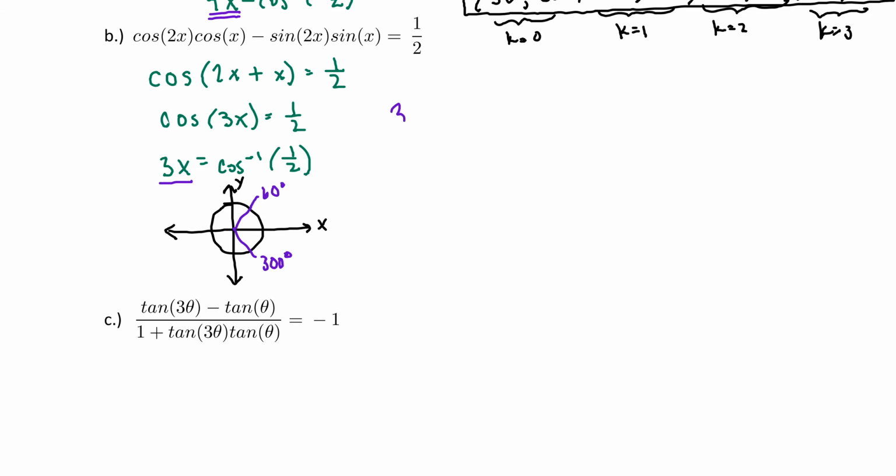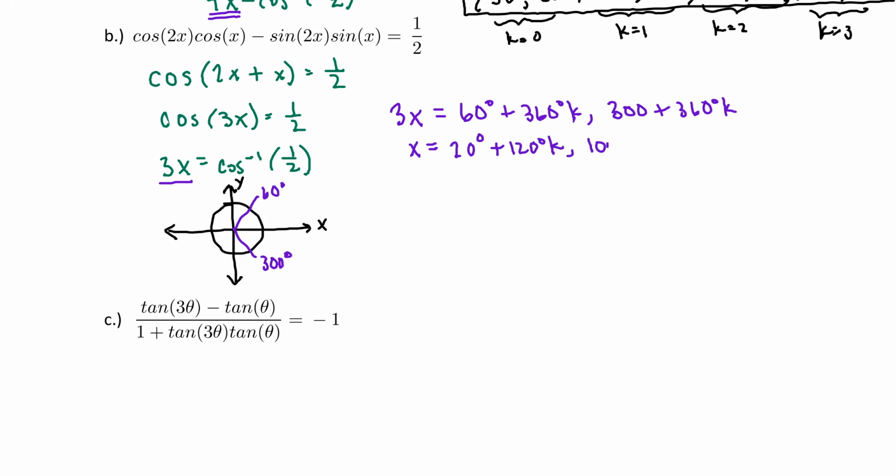This is the value of 3 times the solution, or 3 times x. So we can write our solution as 60 plus 360k, or 300 plus 360k. Dividing through by 3, we obtain x equals 20 degrees plus 120k, or 100 degrees plus 120k.